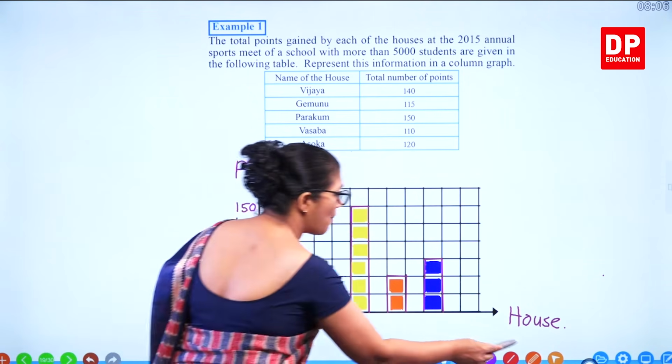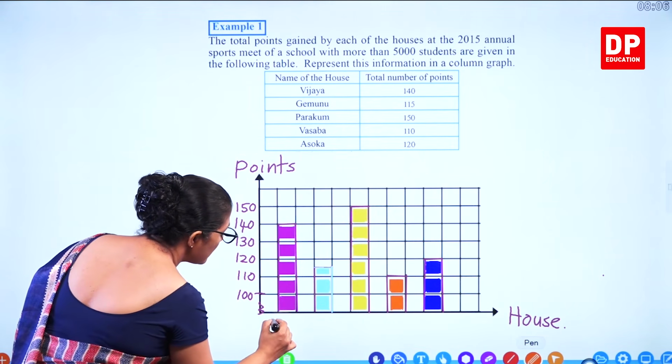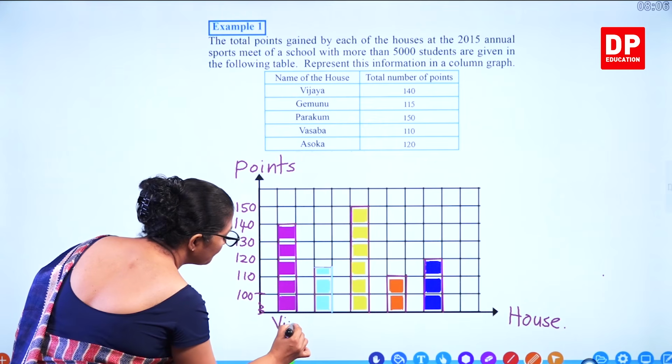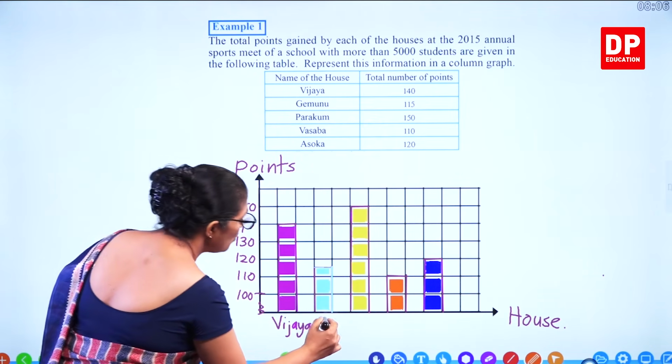So now we have to label it. Vijay. So here this is Vijay house, and this is Gamunu.